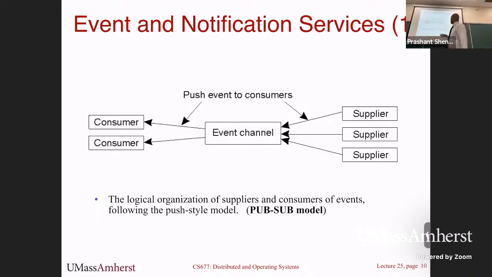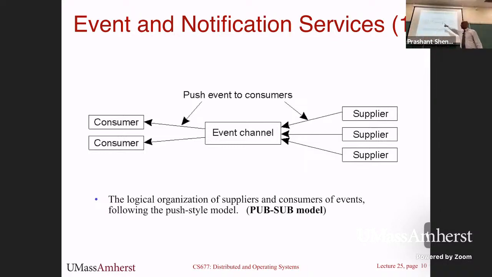So this picture on this slide shows a publish-subscribe model where, rather than clients and servers, you have publishers, which are processes, and consumers, which are processes. They are not using standard RPCs, RMI, or any of these methods to communicate. It's a pub-sub model.